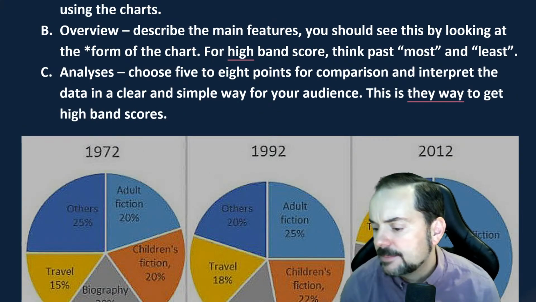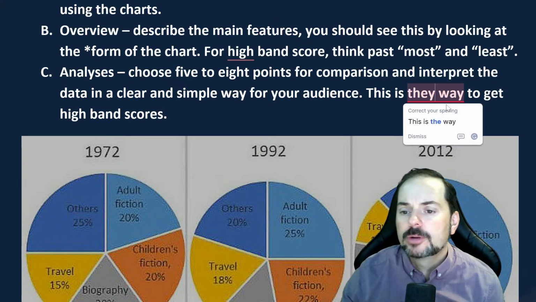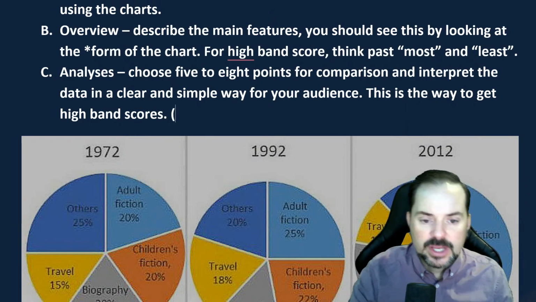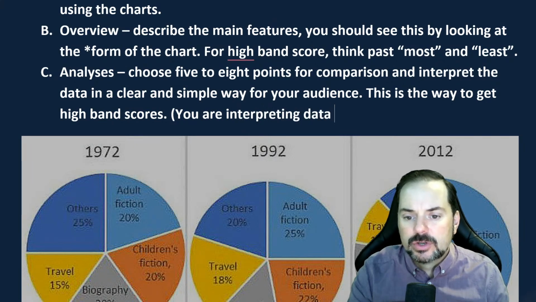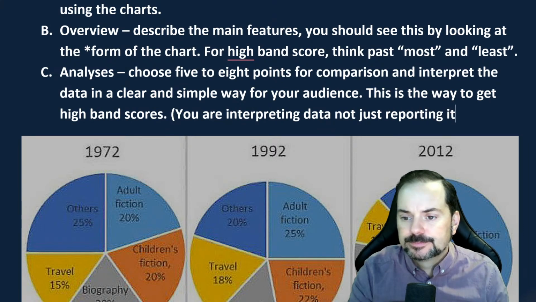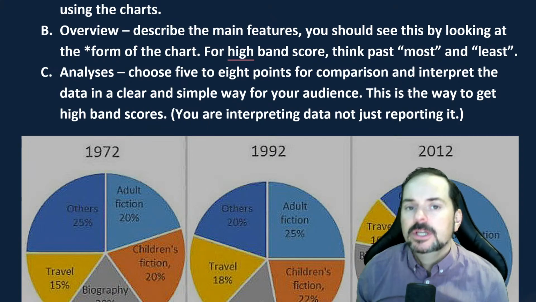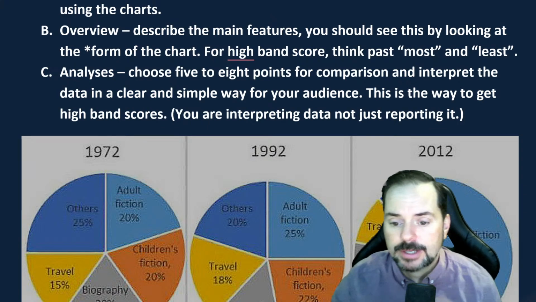Okay, does that make sense, everyone? So you're interpreting data. You're not just simply reporting data. Okay, I'm going to reiterate that. You are interpreting data, not just reporting it. If you just report it, you can get a band 5 or a band 6. It will be harder to get up into that band 7 or 8 category. Okay.